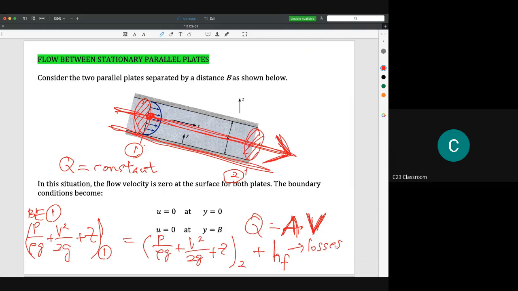I think you already know about this one. You learn about the major loss, minor loss, and so on and so forth.